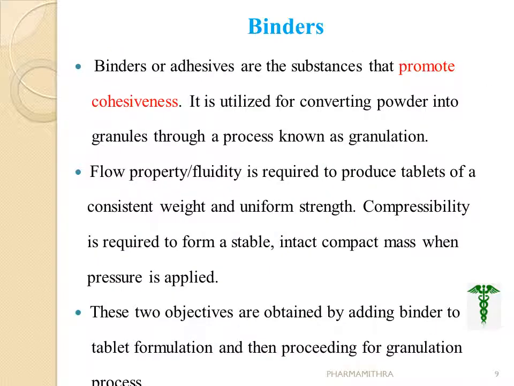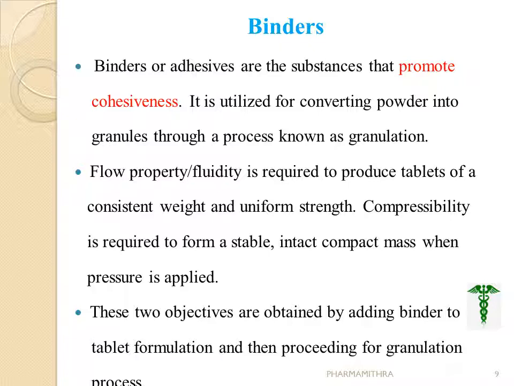Binder, otherwise known as adhesive, is a substance which promotes cohesiveness. Cohesive means similar particles attract each other, and it is utilized for converting our powder material into granules. This is helpful at the time of granulation.